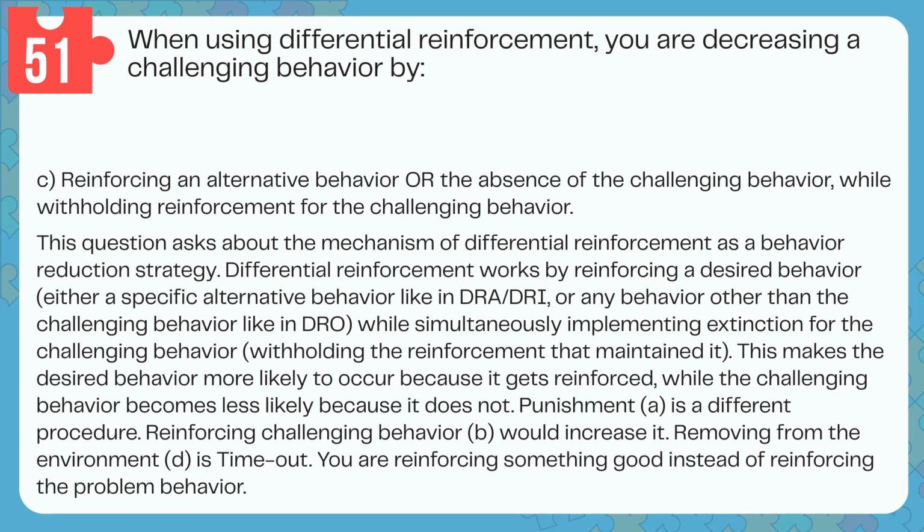Differential reinforcement works by reinforcing a desired behavior, either a specific alternative behavior like in DRA/DRI, or any behavior other than the challenging behavior like in DRO, while simultaneously implementing extinction for the challenging behavior, withholding the reinforcement that maintained it. This makes the desired behavior more likely to occur because it gets reinforced, while the challenging behavior becomes less likely because it does not.